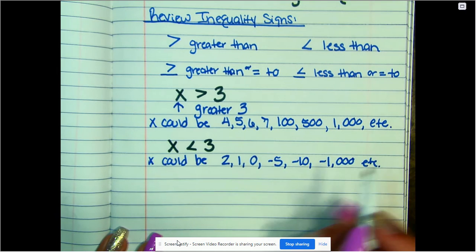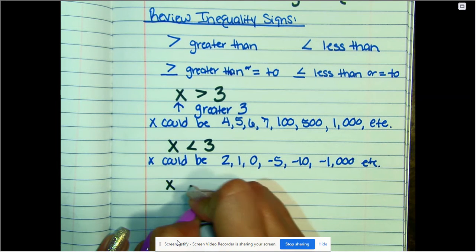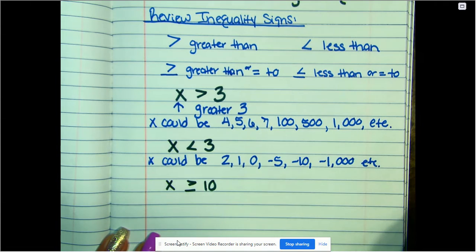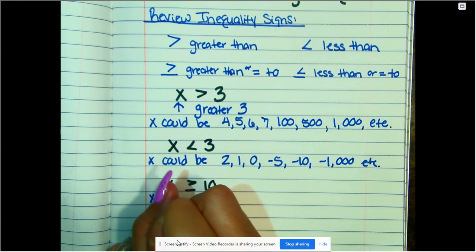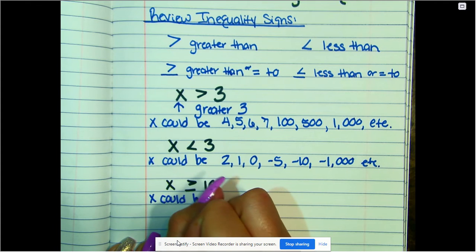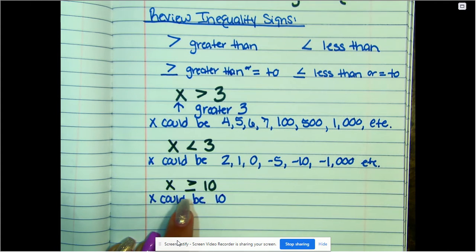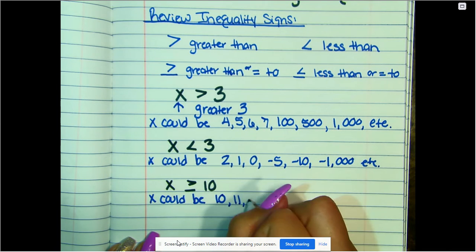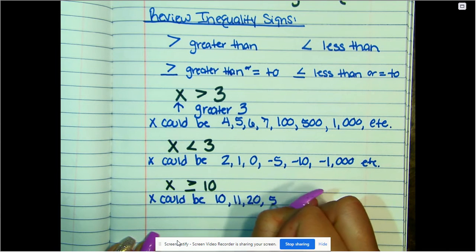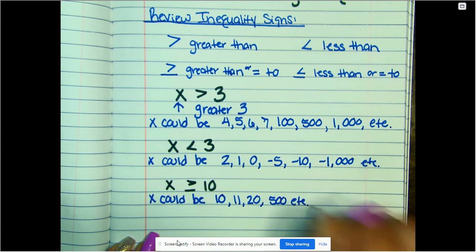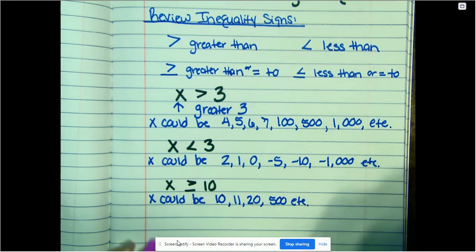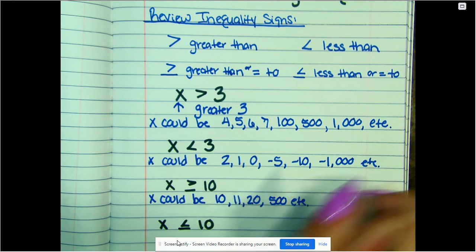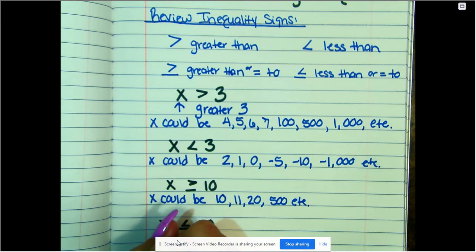Whereas if you had x is greater than or equal to 10, x could be 10 in this case because it's or equal to. It could be 11, 20, 500, etc. If you had x is less than or equal to 10, it could be 10 as well.